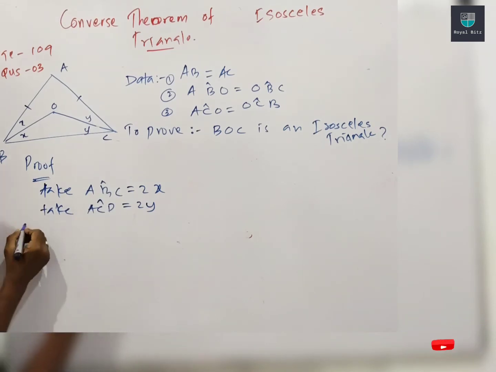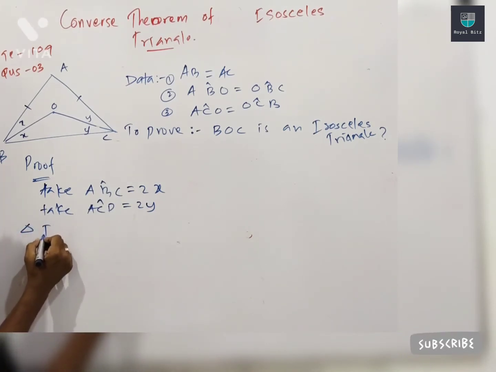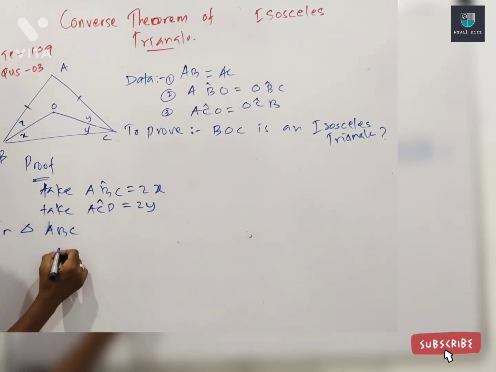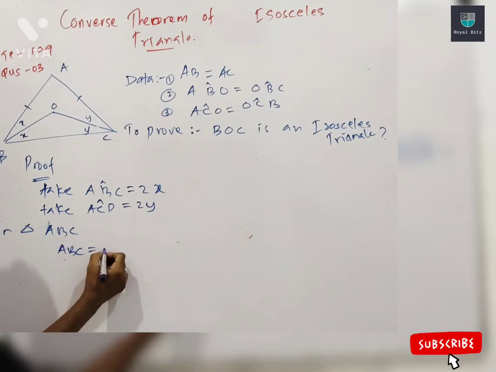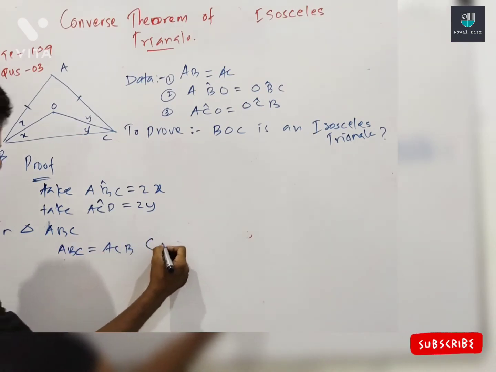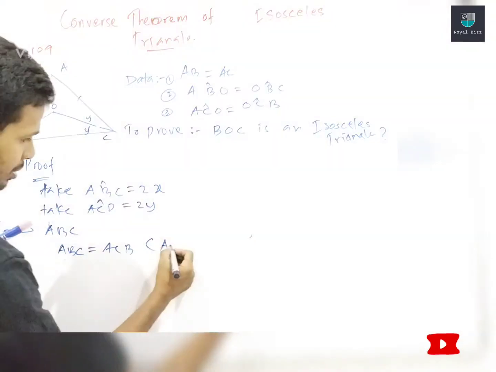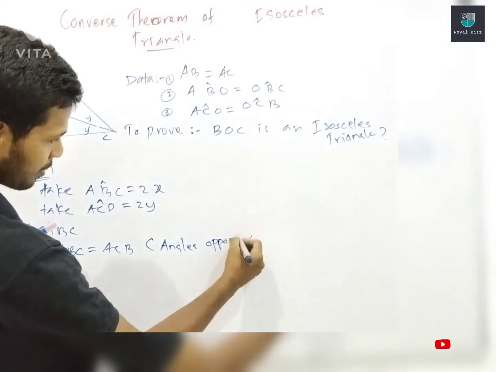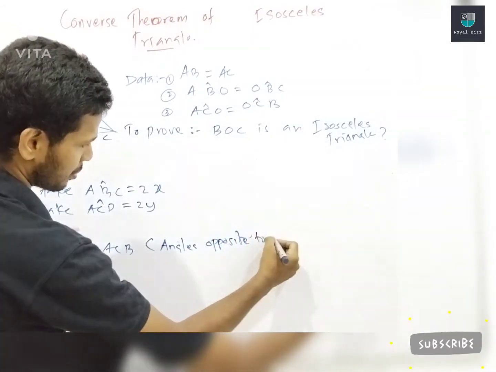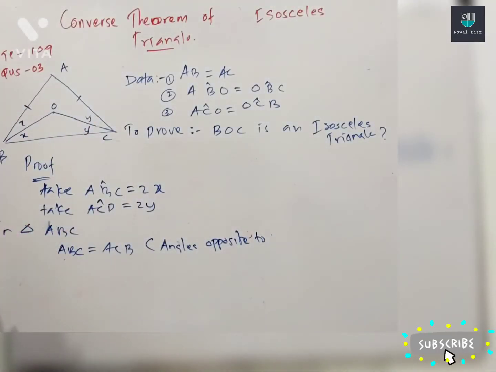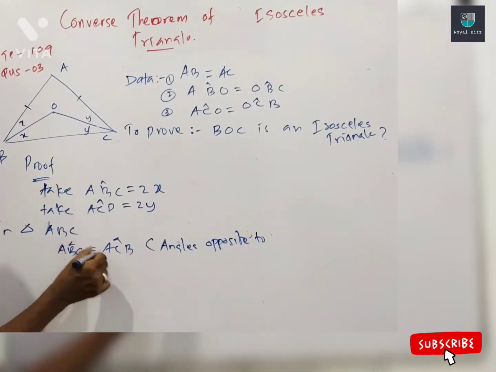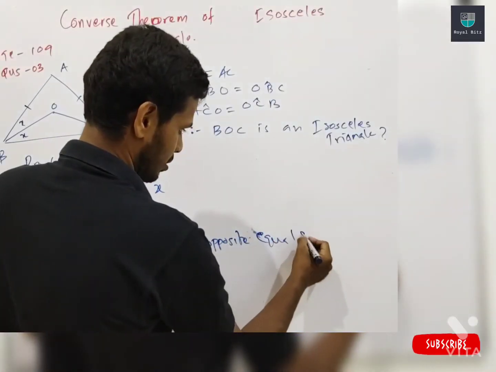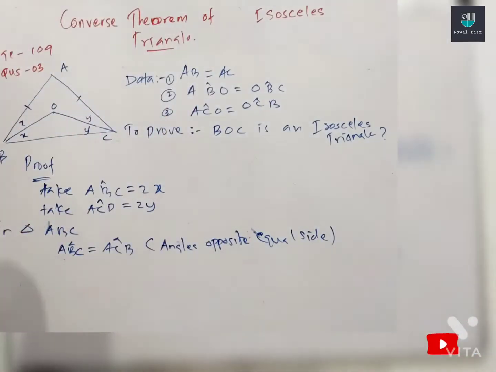Okay, so now in triangle ABC, now I am telling angle ABC is equal to angle ACB because angles opposite equal sides are equal.